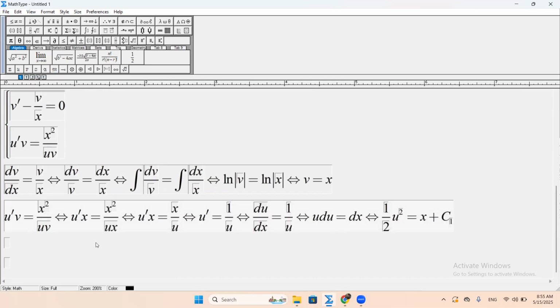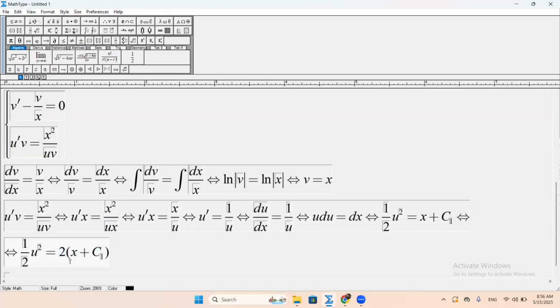So we found it. Then u equals the square root of the following expression: 2x multiplied by x plus c1.